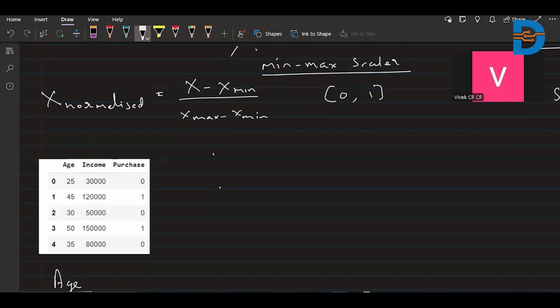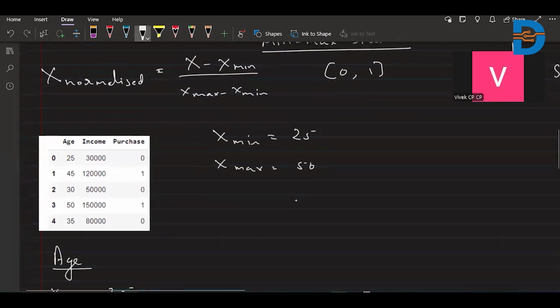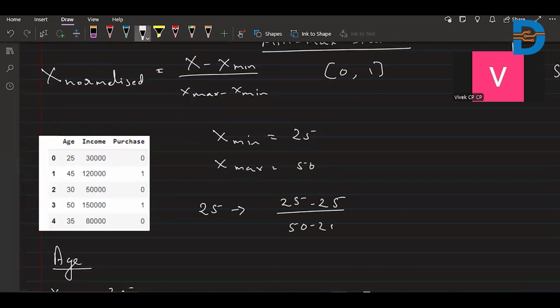So our minimum age in this particular case is 25. The maximum age is 50. So your value that is 25 over here would be scaled like this. It would be basically 25 minus 25 over 50 minus 25.